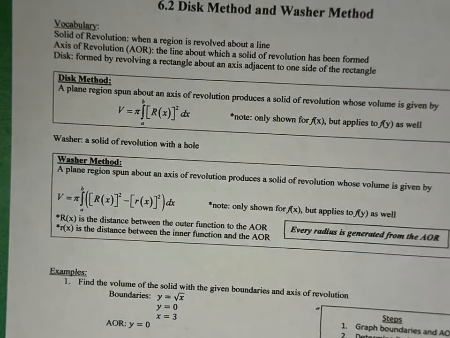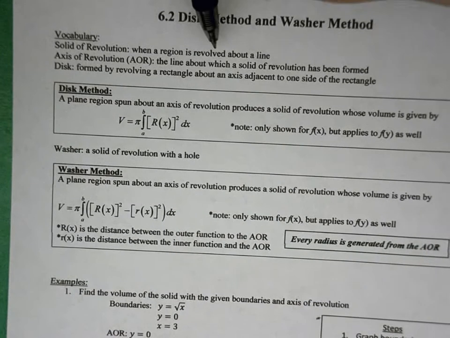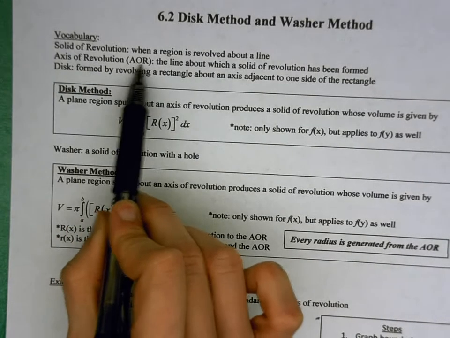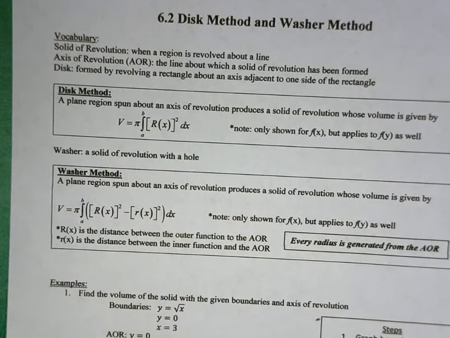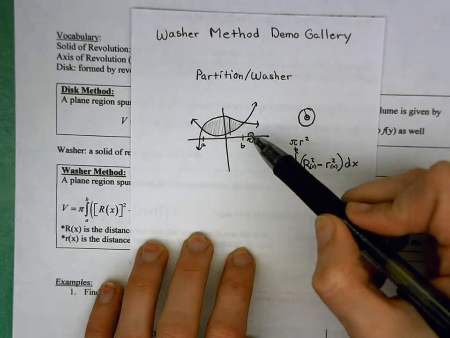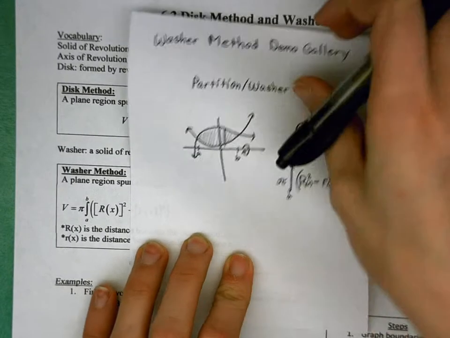So we have some vocabulary. A solid of revolution is what we're talking about, right? It's the region that's revolved about a line. Our axis of revolution, which we shorthanded AOR, is the line about which a solid of revolution has been formed, right? So in this particular example, when we were spinning it around our x-axis, the x-axis is the axis of revolution.